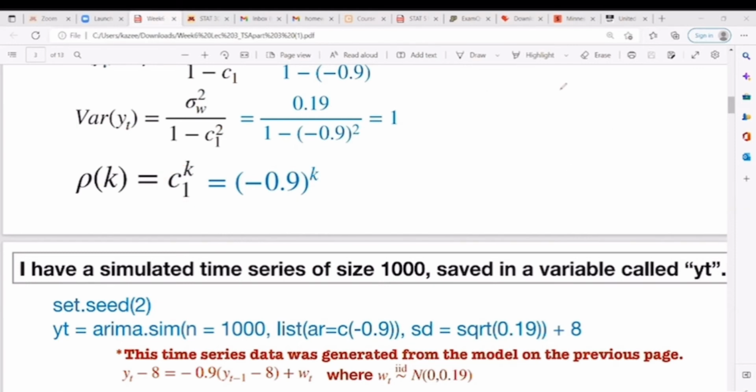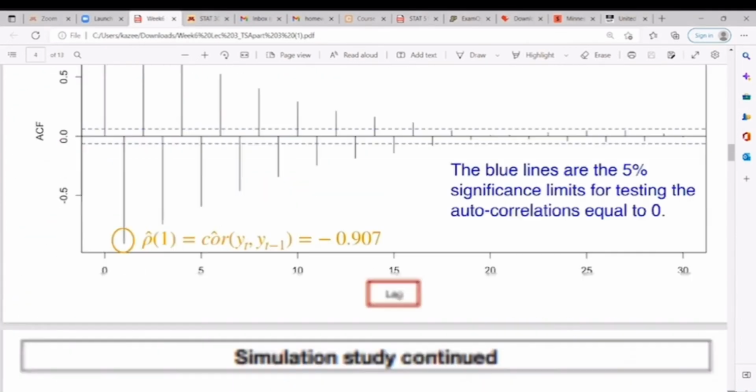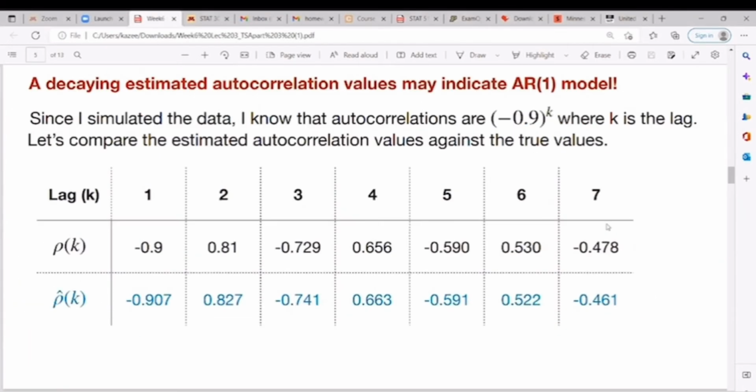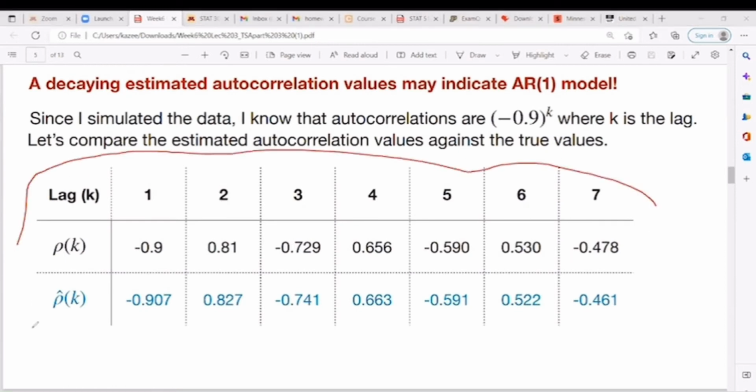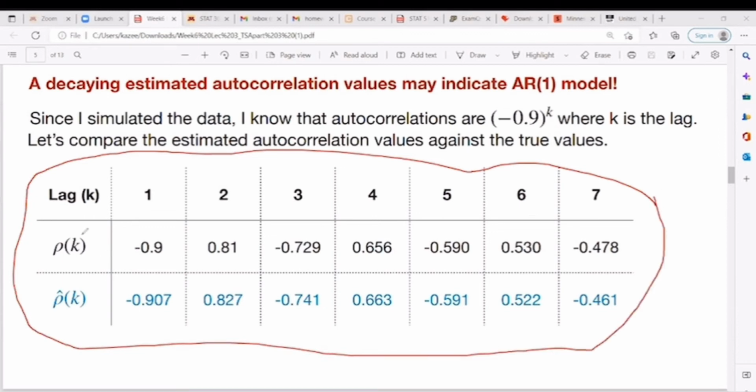Now, I'm going to show you when you compare them. Take a look here. This is where I'm comparing them up to lag 7. This is the one where you use C1 raised to the power k, and your C1 given in the model was minus 0.9.